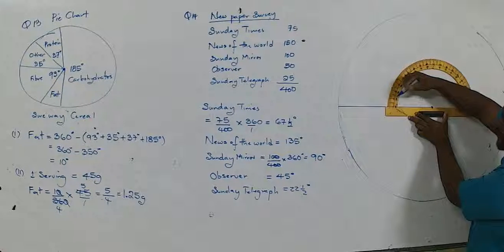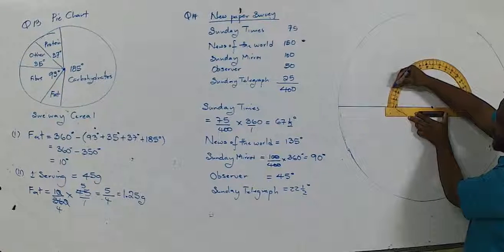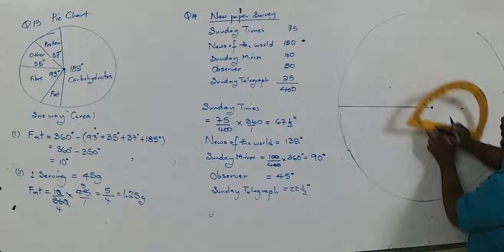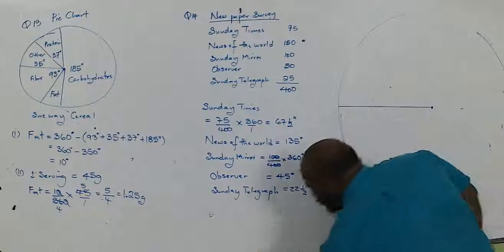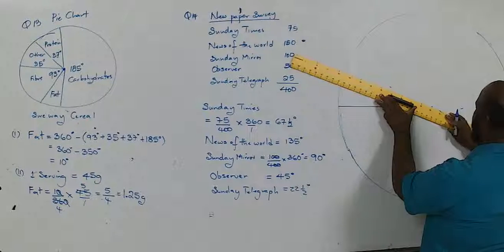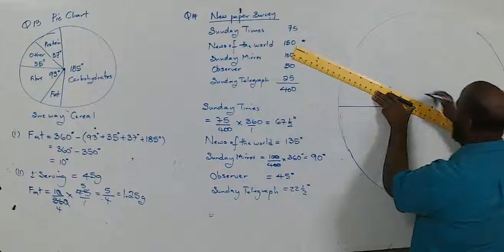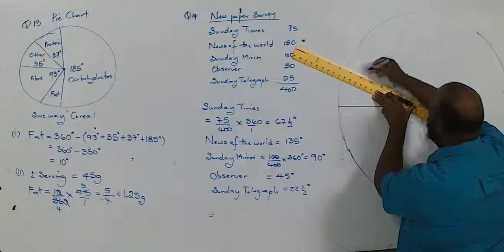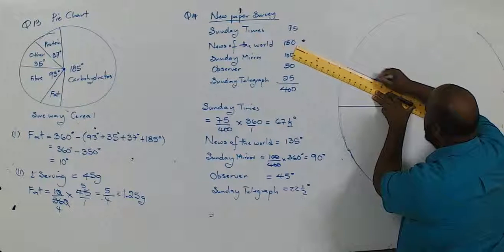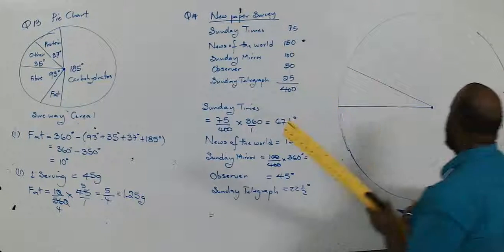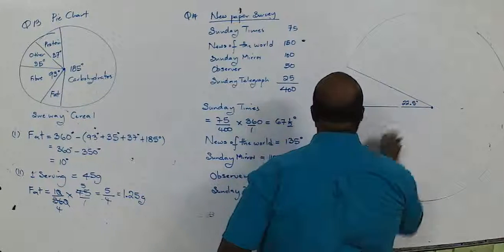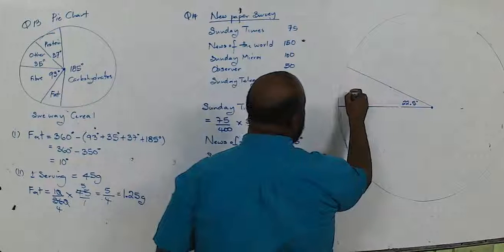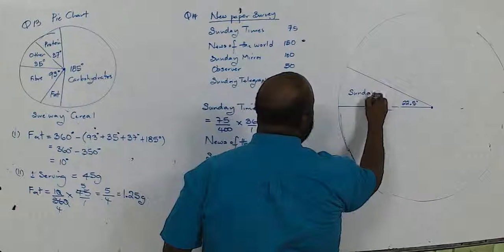So let's go 10, 20, 21, 22 and a half. And I mark it. Then I use my ruler. Line it up with the center. Then I put 22.5 degrees, and that corresponds to the Sunday Telegraph.